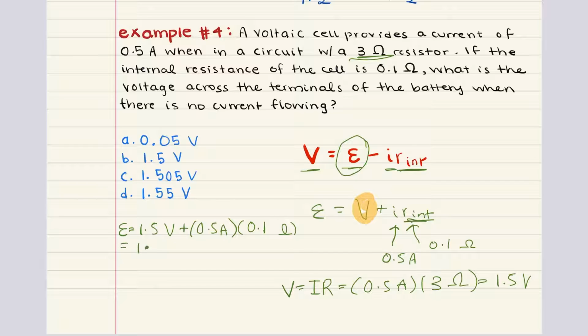This is going to be equal to 1.5 volts plus 0.05 volts, and that gives us a total of 1.55 volts. So the voltage across the terminals of the battery when there is no current flowing is going to be equal to 1.55 volts, which is answer choice D.